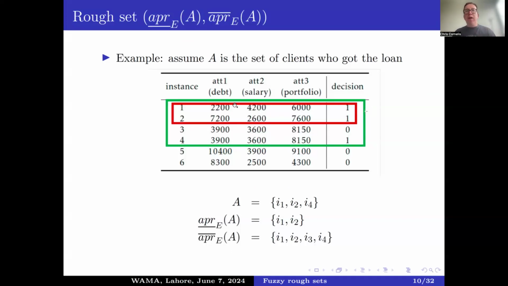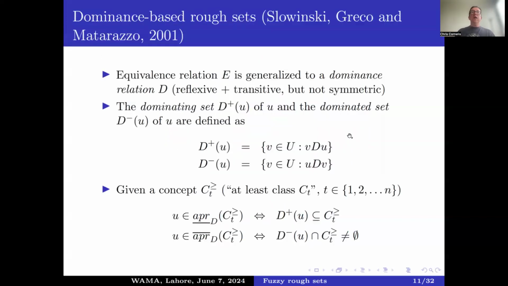So the lower approximation only has instance 1 and 2. On the other hand, the upper approximation will contain the first 4 instances or clients, because for all of them, if we look at their equivalence classes with respect to these attributes, at least one instance will have decision equal to 1.